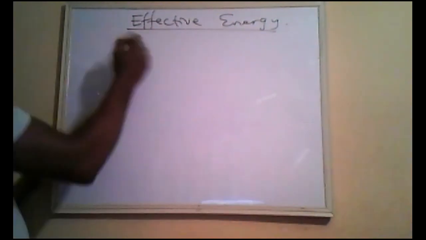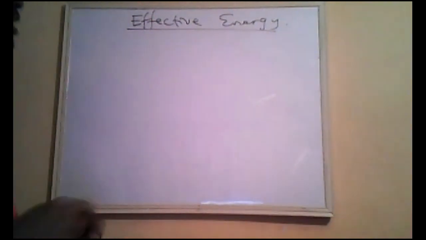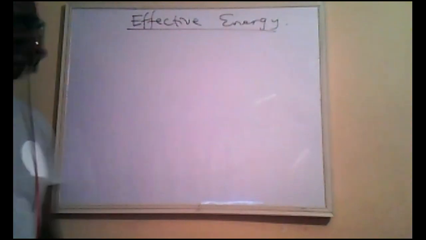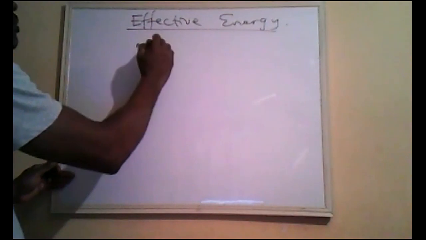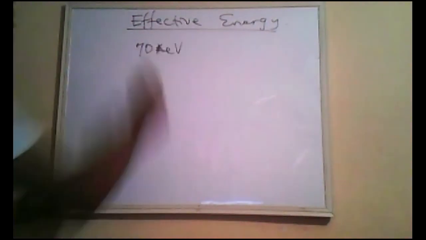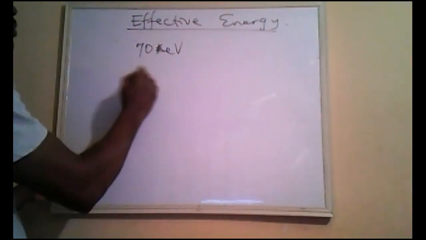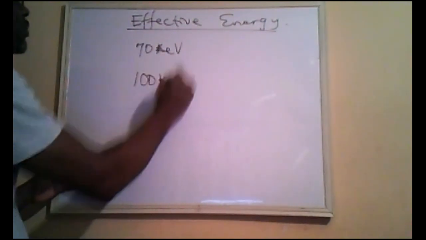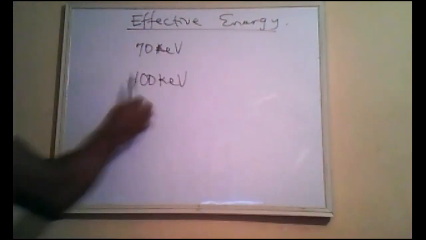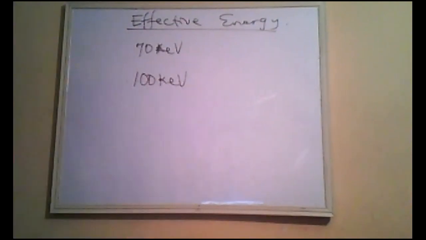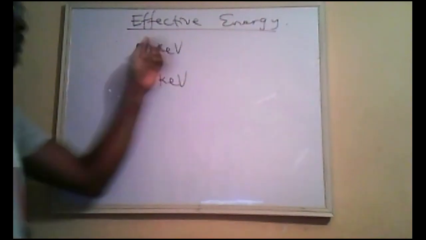If we have an X-ray whose effective energy, or mean energy, is 70 electron volts, and we have another one of maybe 100 electron volts, this one has higher quality than this. So this one will penetrate more than this photon or X-ray energy.